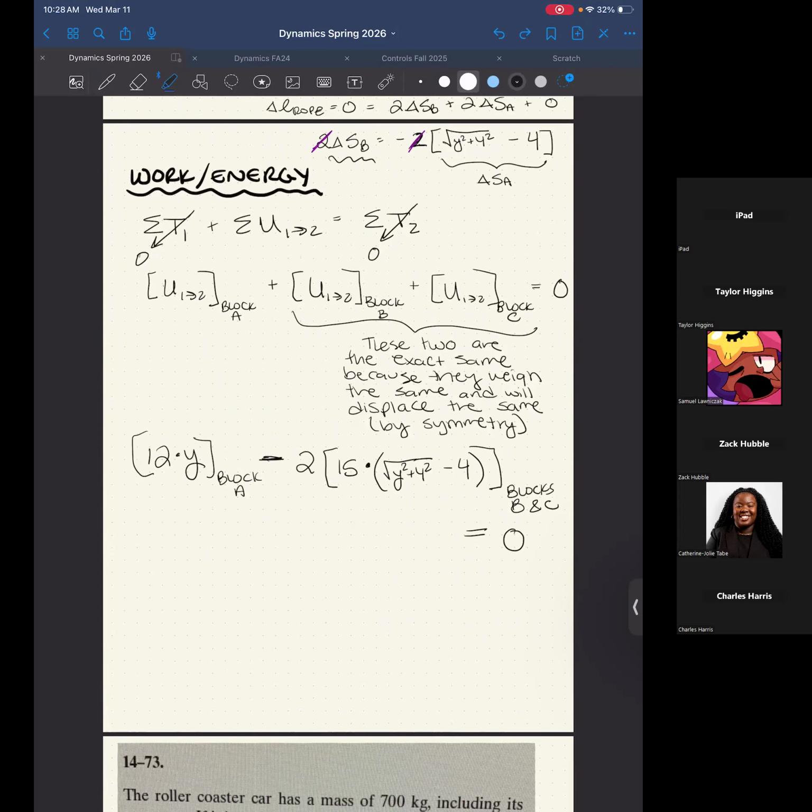There's a little bit of icky algebra, but we should be able to solve for y. There are two solutions.